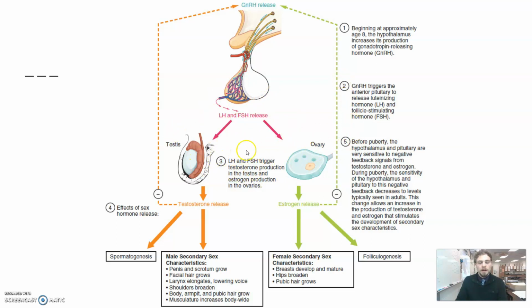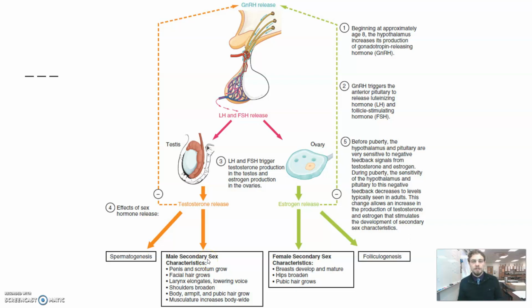Number 3, LH and FSH trigger testosterone production in the testes or estrogen production in the ovaries, again depending on which direction we're going, either male or female. If you get testosterone release, that's going to inhibit GnRH release. It's going to stimulate spermatogenesis. It's also going to lead to male secondary sex characteristics.